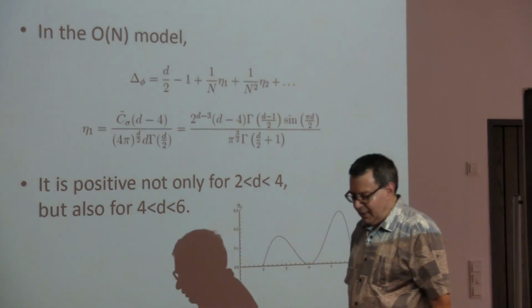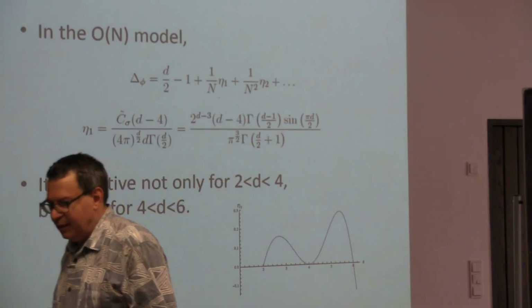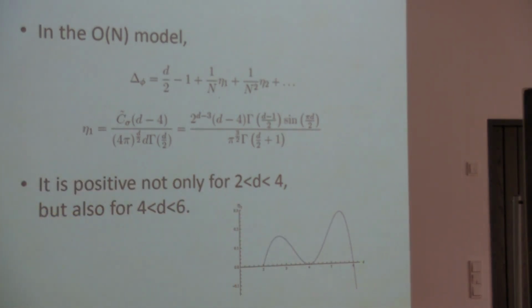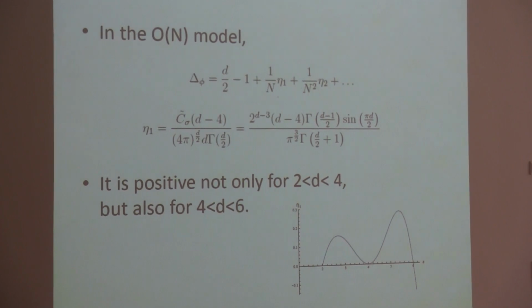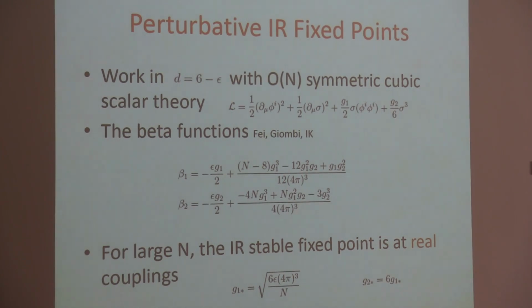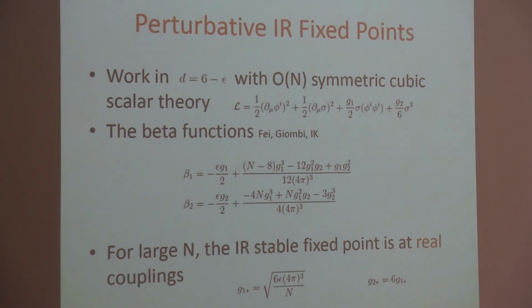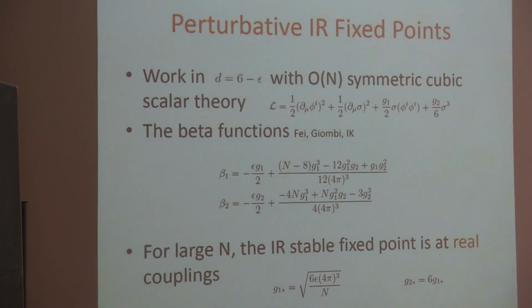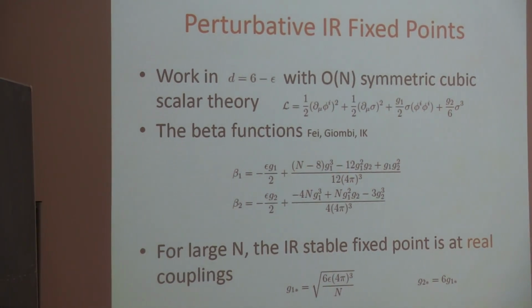So can we write down a renormalizable field theory, for example, below 6 dimensions, which will have O(N) invariance and will agree with some of these results? And that I think we did. The whole point is that this theory must have cubic potential. This is like the weird part about this theory. Right?